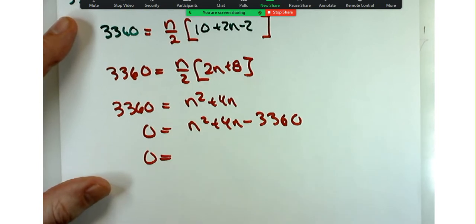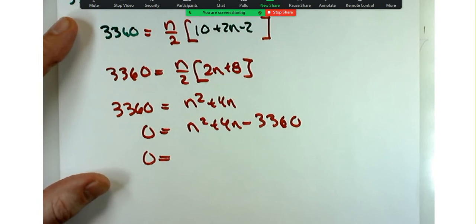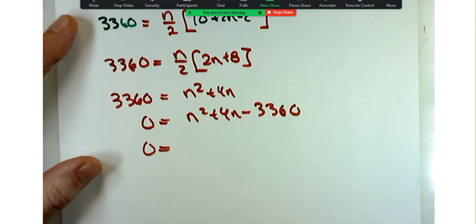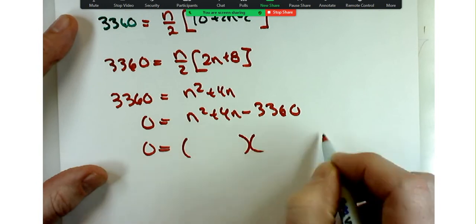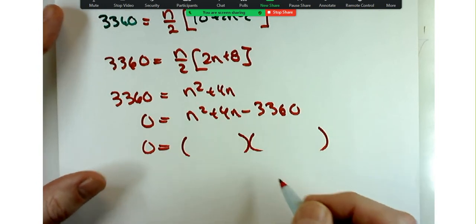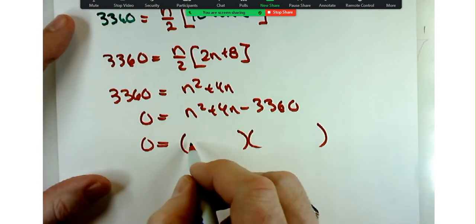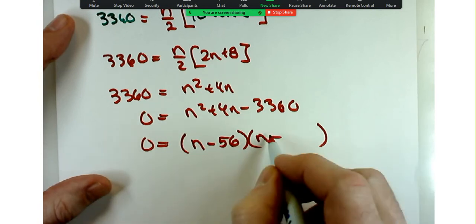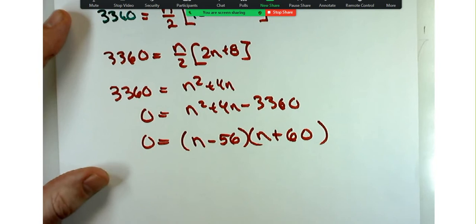What would you do to solve this? If push comes to shove, this is the last question you have to do to get 100% on this test. Quadratic formula, that's your go-to. You could also factor it, and that factors as n minus 56 times n plus 60.